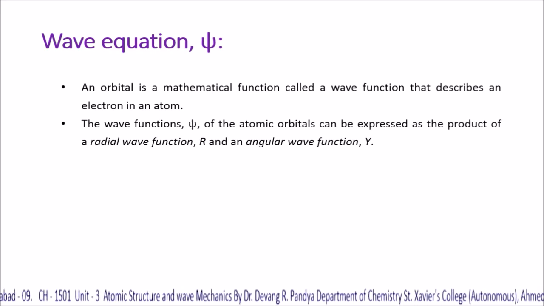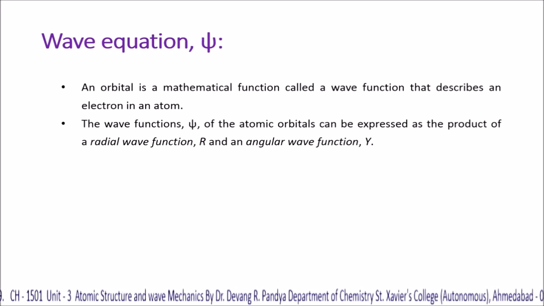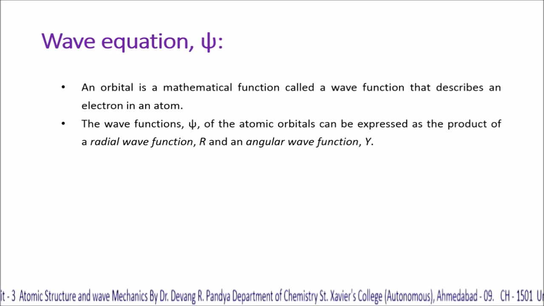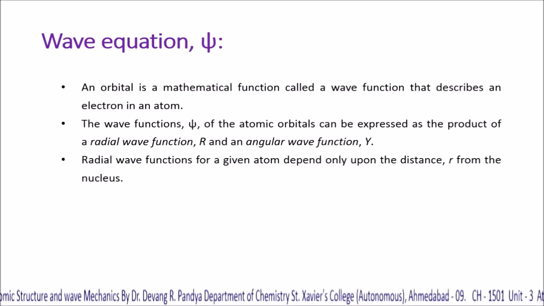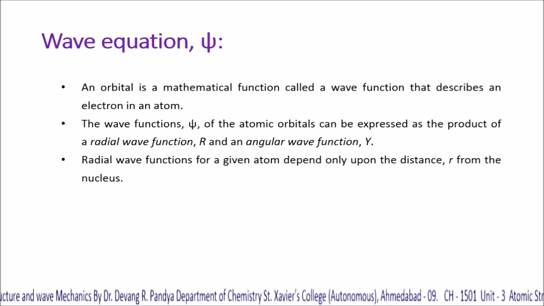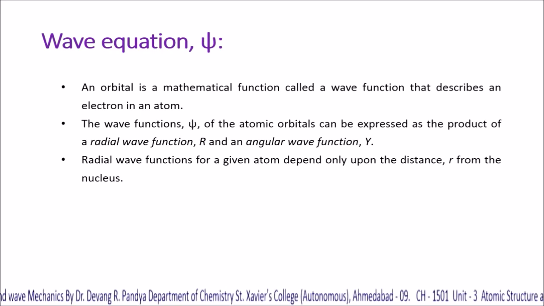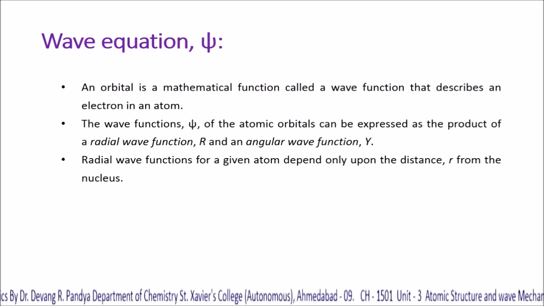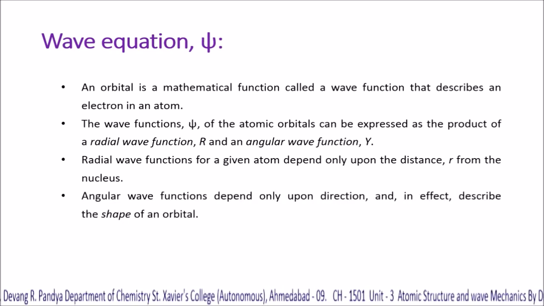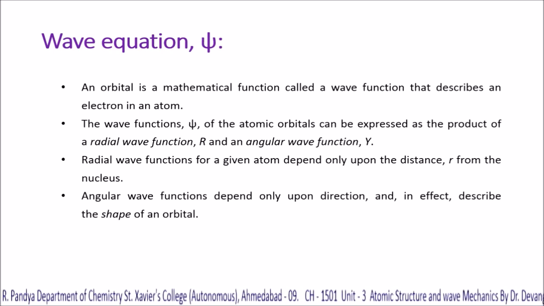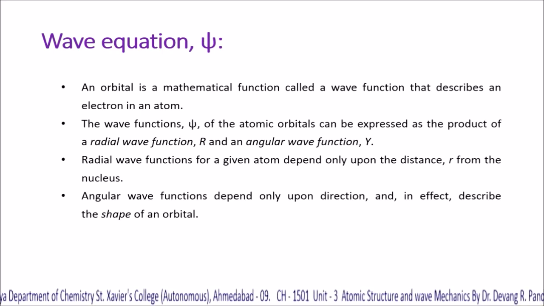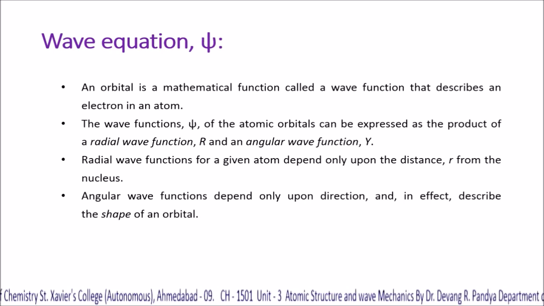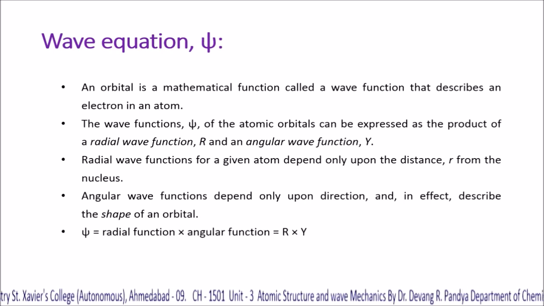The wave function of the atomic orbitals can be expressed as the product of a radial wave function R and an angular wave function gamma or Y. The radial wave function for a given atom depends only upon the distance from the nucleus r, and that can be represented as R(r), 4π r squared. The angular wave function depends only upon the direction and in effect describes the shape of an orbital.